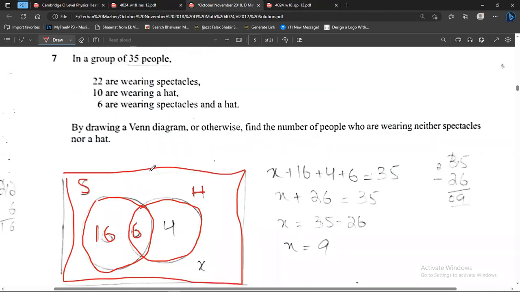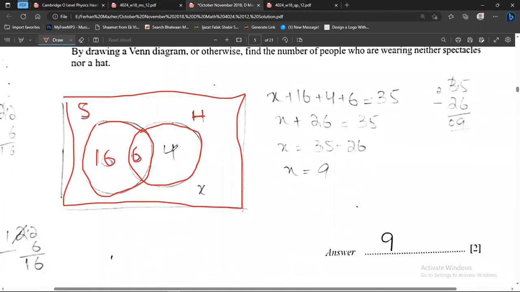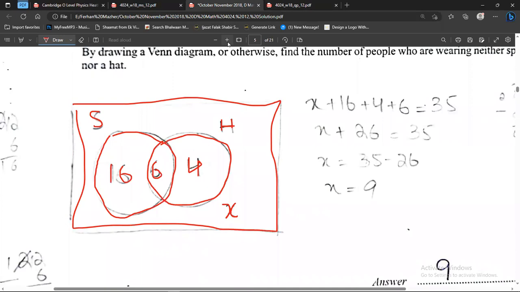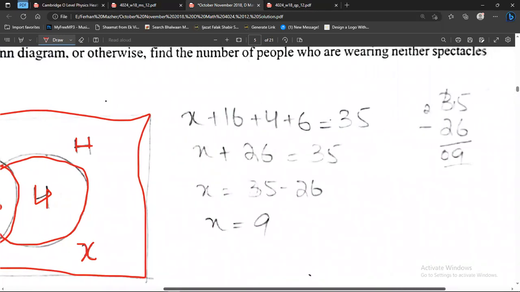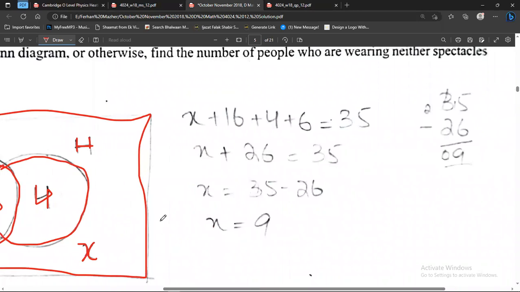And there are 10 people who are wearing a hat. So 6 plus 4, that will be the 10. And the people who are wearing none of these things, they are X. So when you add them, that will be equal to 35 because the total people are 35.